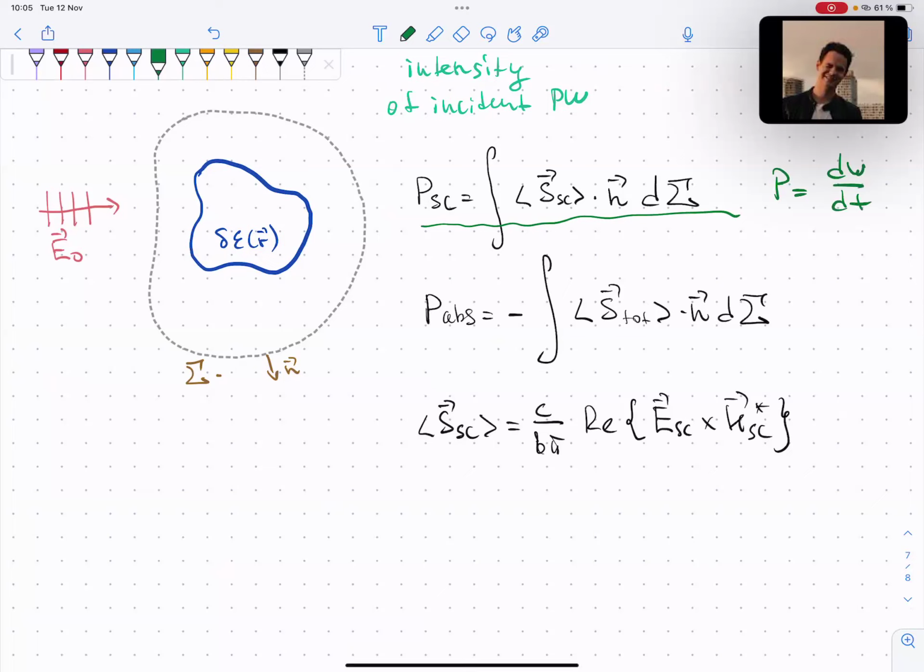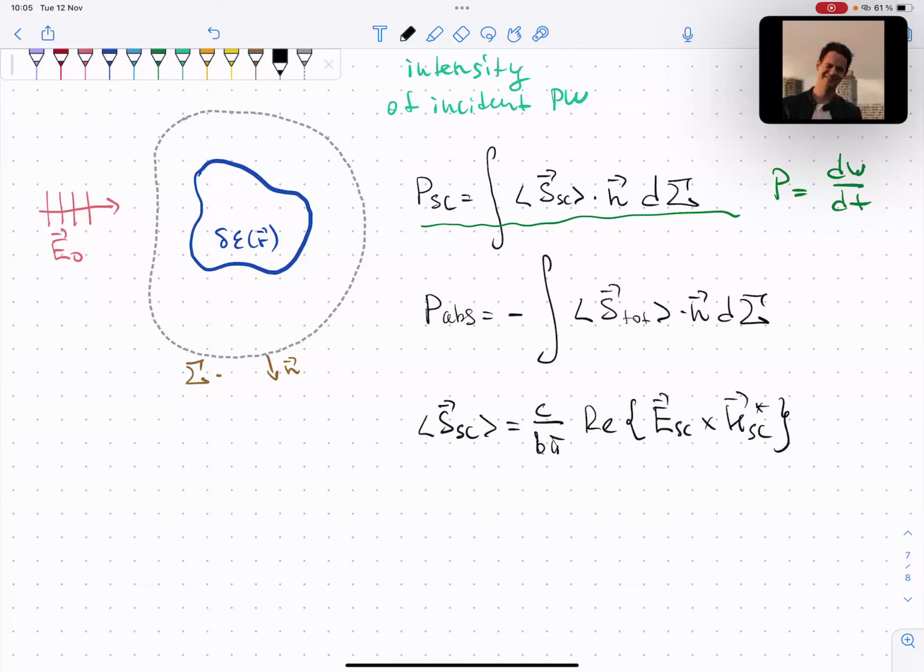From the continuity equation, we can calculate, for example, the absorbed power as the change in the electromagnetic energy inside the resonator. In this case, we would need to integrate over the volume of the scatterer, but using the continuity equation, we can write this just as the integral of the Poynting vector, which is the energy flux.